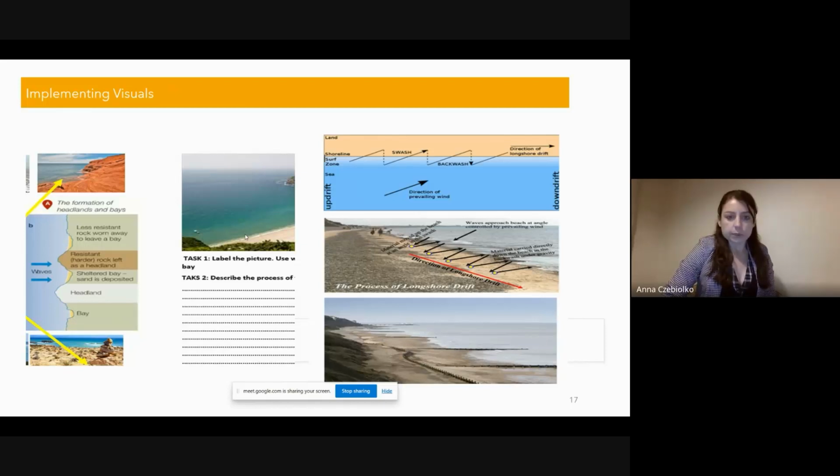As you see, there was a task here on the left-hand side to label the picture. So they had to use the illustration taken from a book, and they had to match the vocabulary, the parts of the illustration, with a real-life photograph.